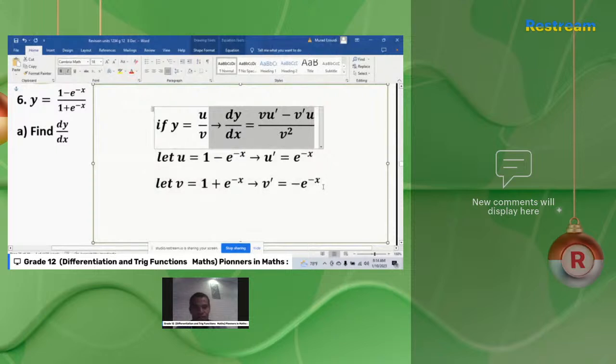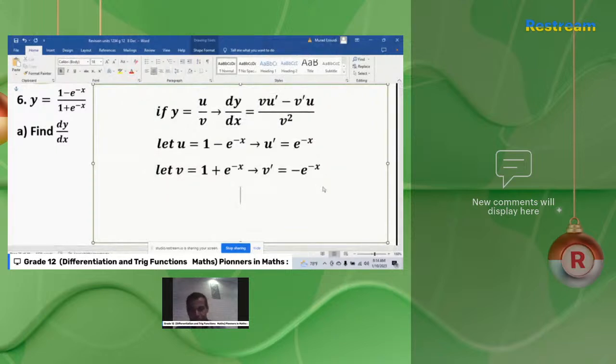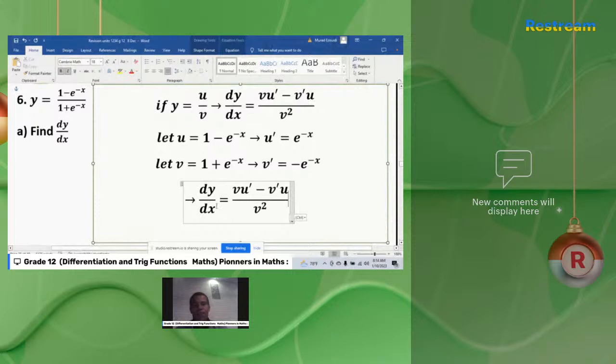So therefore, learners, dy with respect to x is v multiplied by du with respect to x, minus the first derivative of the function v with respect to x multiplied by u, over v squared.